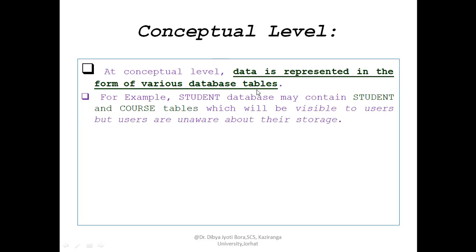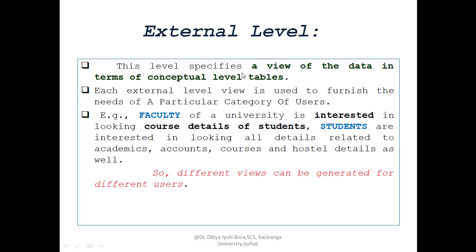Database tables are formed as a cross-section of rows and columns, and we'll look into the details of table formation in some later class. But for the conceptual level, do remember that data are represented in the form of database tables. Clear?